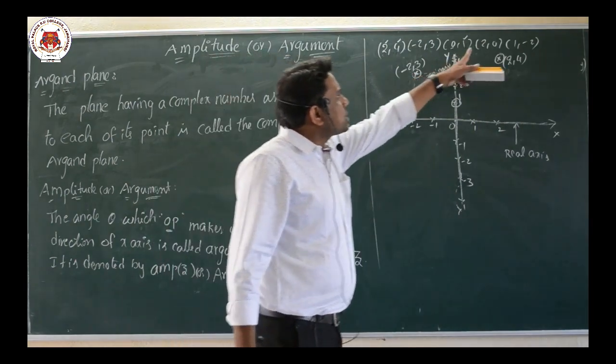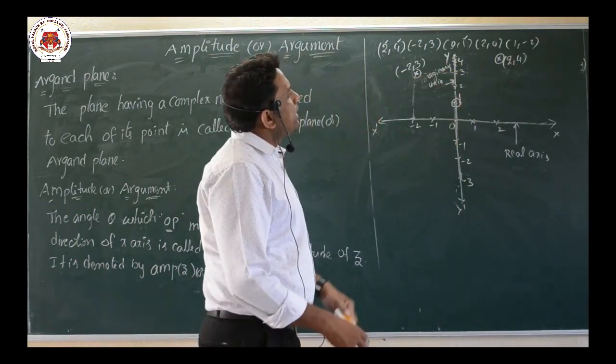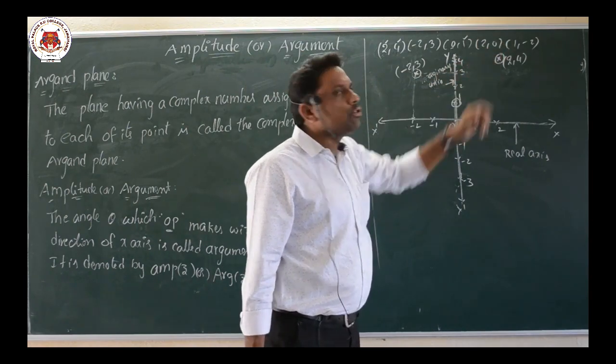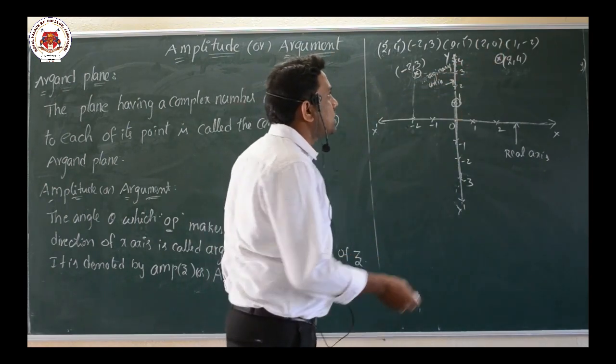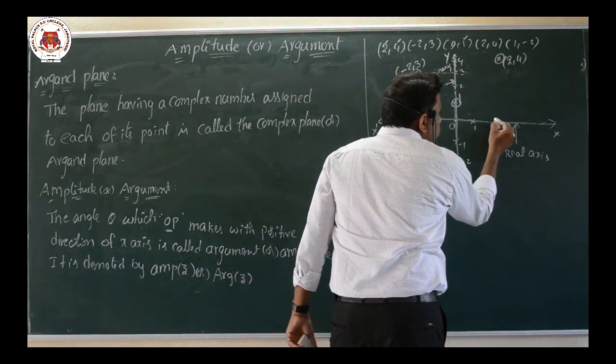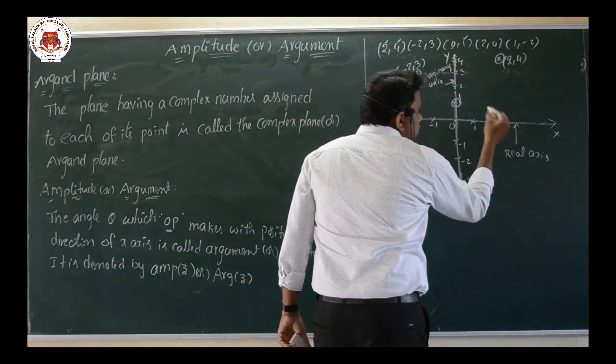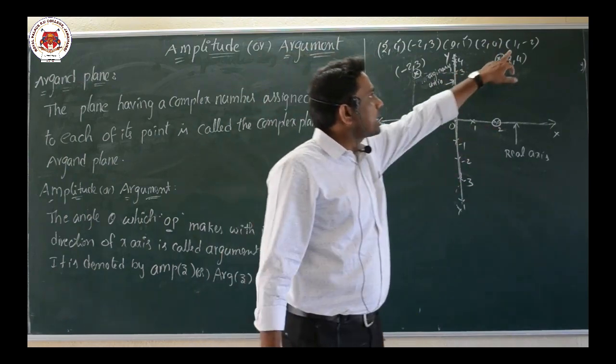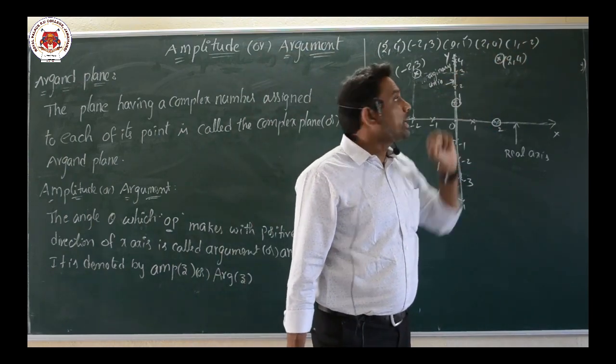Now the next point is (2, 0). This means only x, there is no y, and the x value is 2. So this is the x value 2. Next (1, -2). 1 means x is positive, -2 means y is negative.